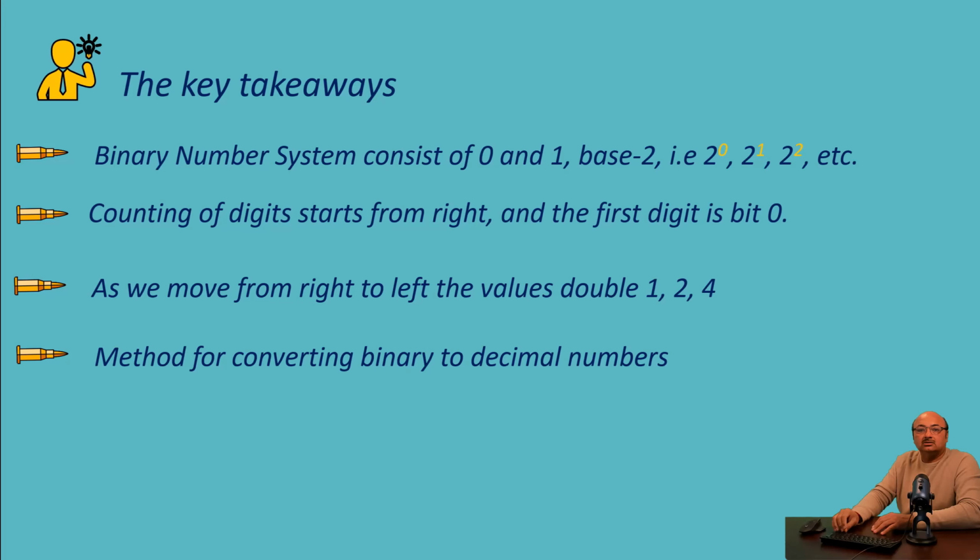And then the important final thing for this session is the method of converting any binary number into decimal. Do remember, whatever the binary number is, look at the position of each digit, place it next to the corresponding power of 2, multiply it with that, and after putting all these in place, add them together, and that will result in the value of the equivalent decimal number.